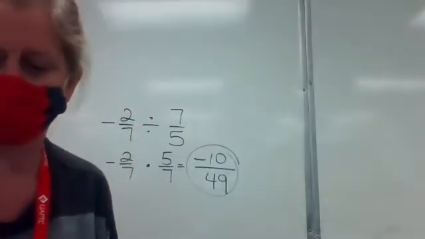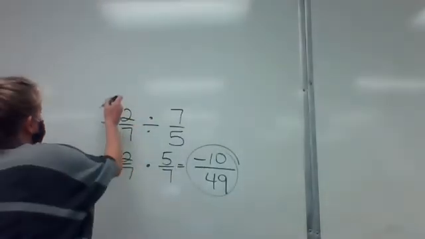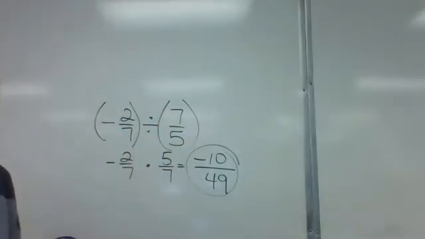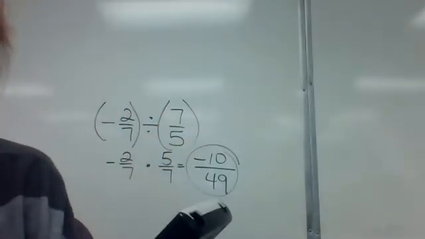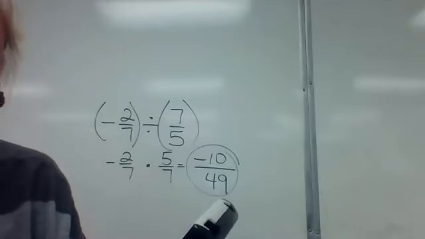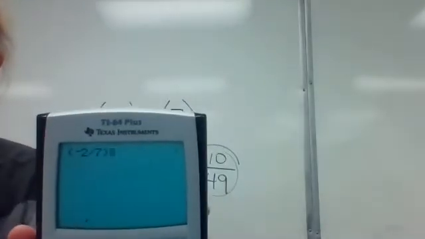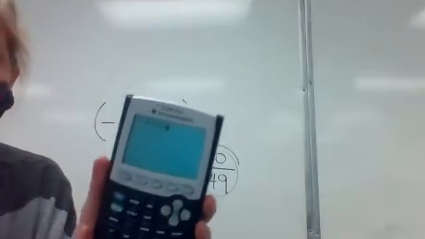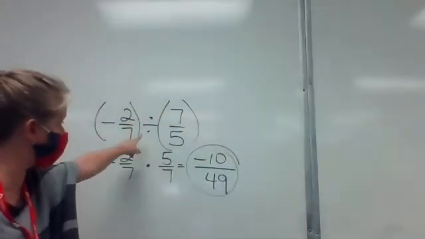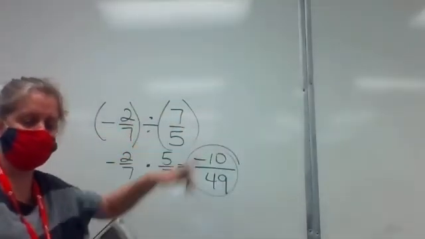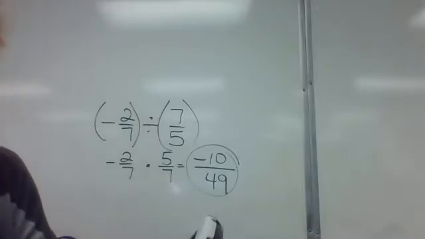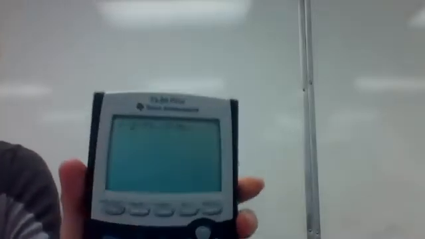So I'm going to put that in my calculator. So open parentheses, negative 2 over 7, because then I got another divided by, right? That's the actual division that I'm doing, this division, and then another fraction. So open parentheses, 7 over 5.